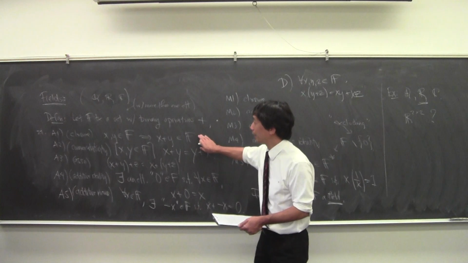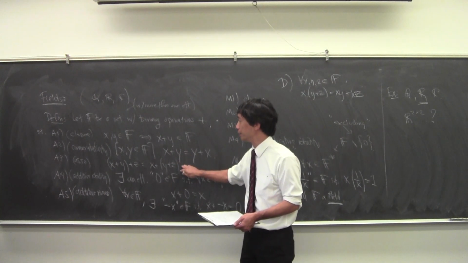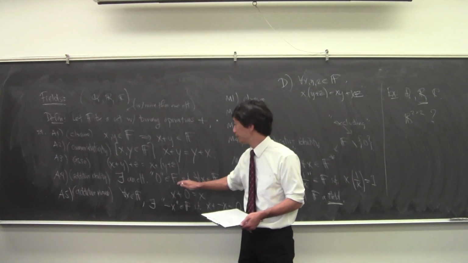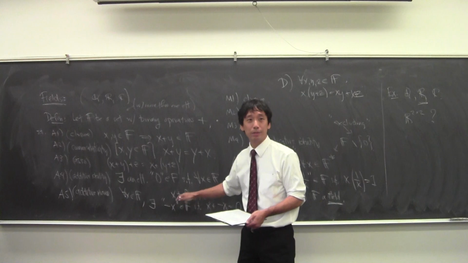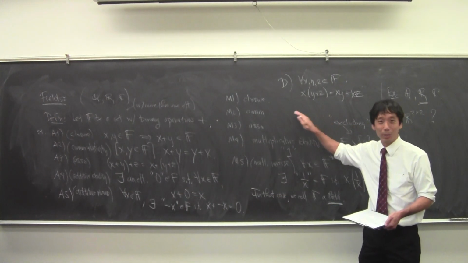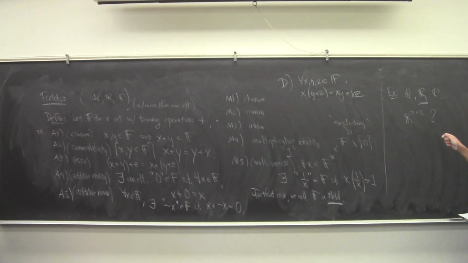If I add them together, I get a 2x2 matrix. Addition commutes, addition is associative, there's a zero element, the zero matrix, and there are additive inverses. That's okay. But with commutativity of multiplication, we start to run into trouble. So no, not a field.